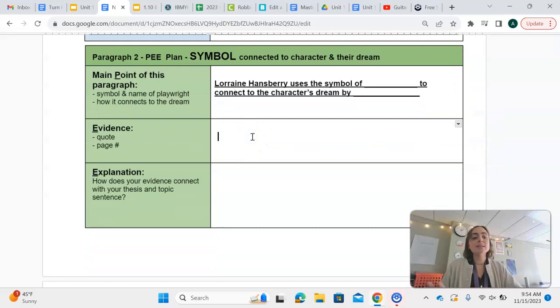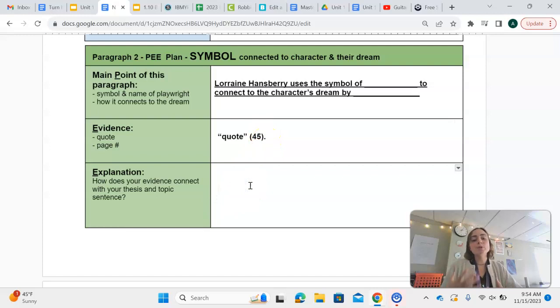Then we're going to do the exact same thing where we're finding a piece of evidence. This quote should be about the symbol. So if you are talking about the potted plant as your symbol for Mama's dream, you're going to want to find a quote about the potted plant. Remember, we're using quotation marks around our quotes, and then we're going to put the page number in parentheses and put the period after the parentheses.